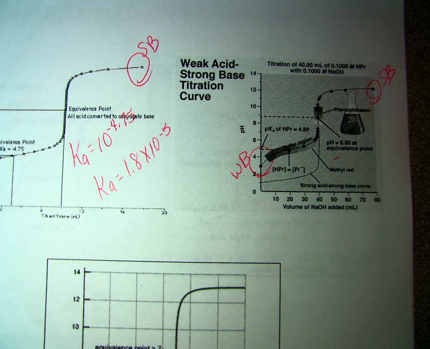So if they have the same Ka or very close to the same Ka, then they're going to work correctly. Or it's going to give it to you as a pH range, that the indicator works in this pH range. So then you would need to find an acid that's in that pH range. So that's what you would do.